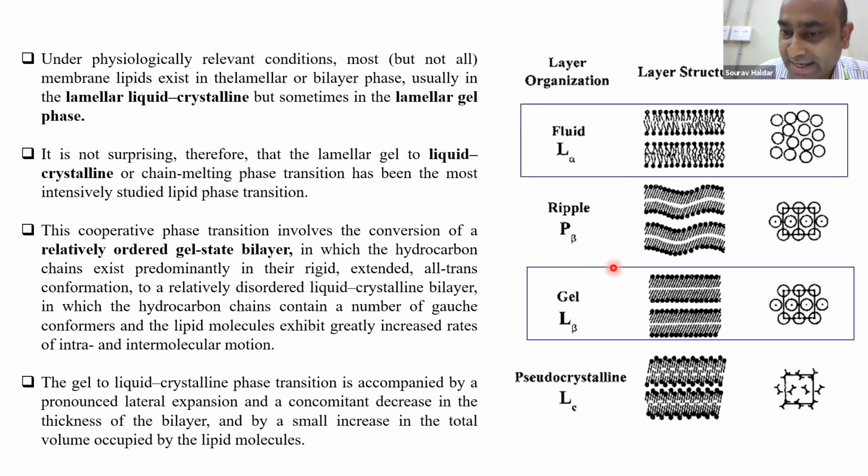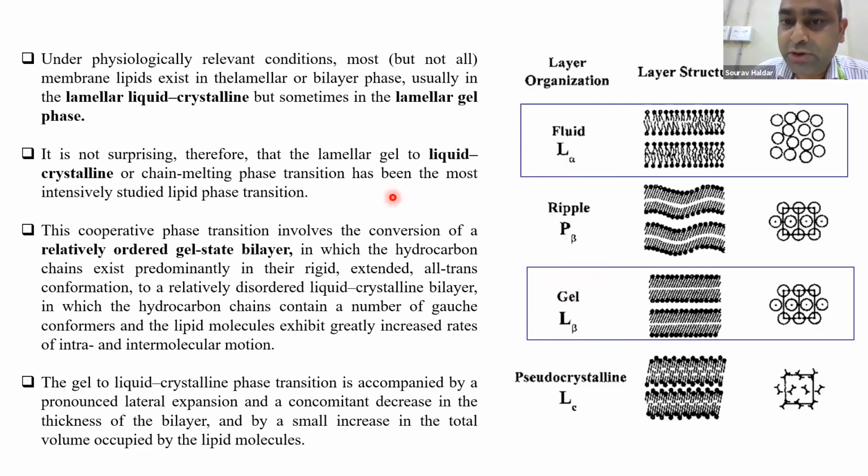But there is another phase, which is known as L-beta, and as I told you earlier, lipid membranes share similarity with soft matter. The L-alpha and L-beta are terminologies used in the liquid crystal field. Since liquid crystals also show this kind of phase behavior, these terms are borrowed from that literature.